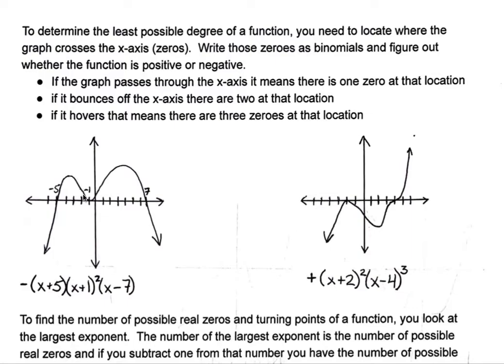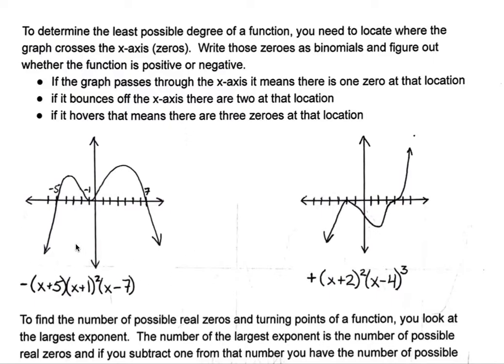Now notice it bounces. Whenever it bounces off of the x-axis, there are two zeros at that point, so we have the x plus 1 quantity squared. That's what this is talking about. If it bounces, you have two zeros at that location. Now if it hovers, that means there are three zeros at that location.